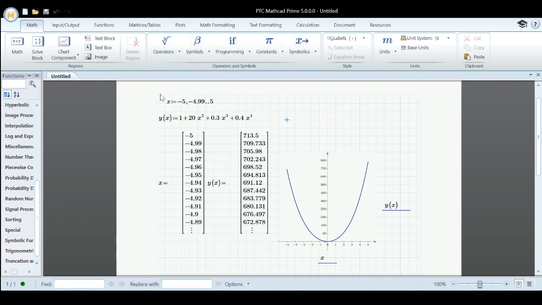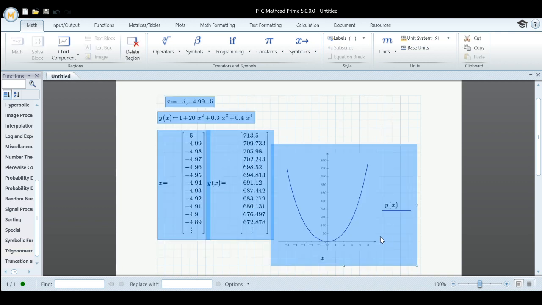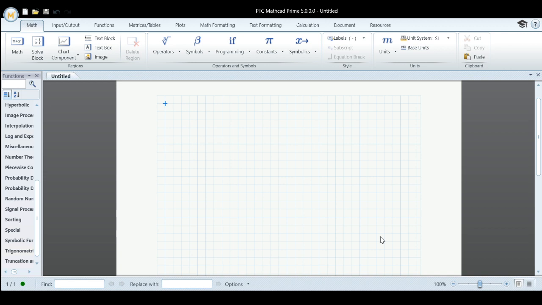So okay, let's give an example. Select everyone, delete. Now we are going to plot a dispersion curve. Now the dispersion curve, as we have said, is omega square equal to 1 plus k square plus some constant, suppose say h, k to the power 4. So the expression initially was something like this, omega square.